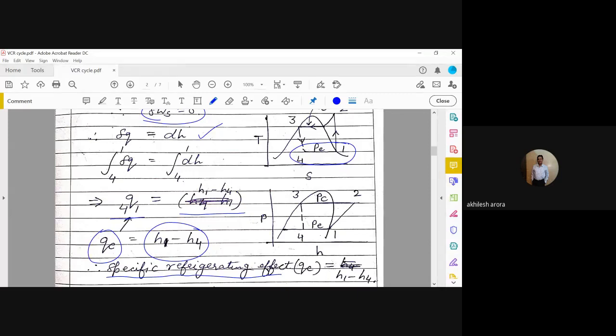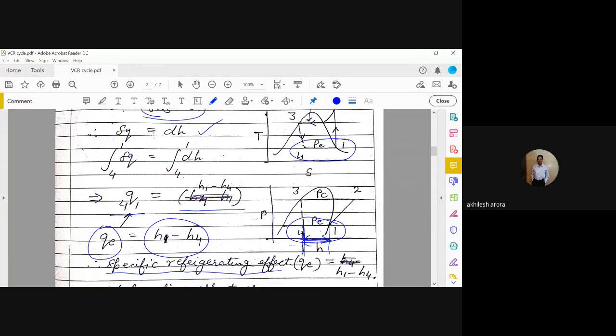And if you see the pH diagram, this enthalpy difference, H1 minus H4, corresponds to the specific refrigerating effect, and it is taking place at constant pressure.